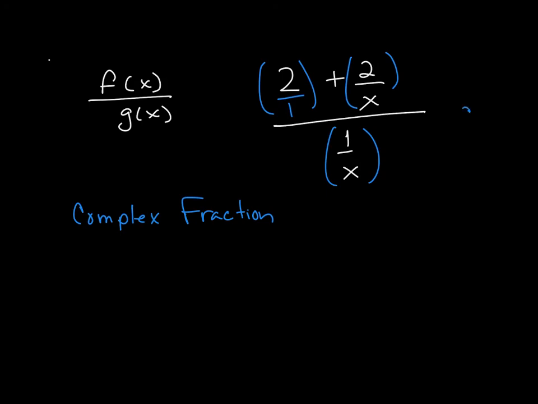Between those 3 fractions, you have a common denominator. That common denominator between all of them is just x. So what you want to do is multiply every single fraction through by x over 1. When you do that, what you're really saying is you're multiplying the numerator and the denominator by x. So you're multiplying the fraction by 1.